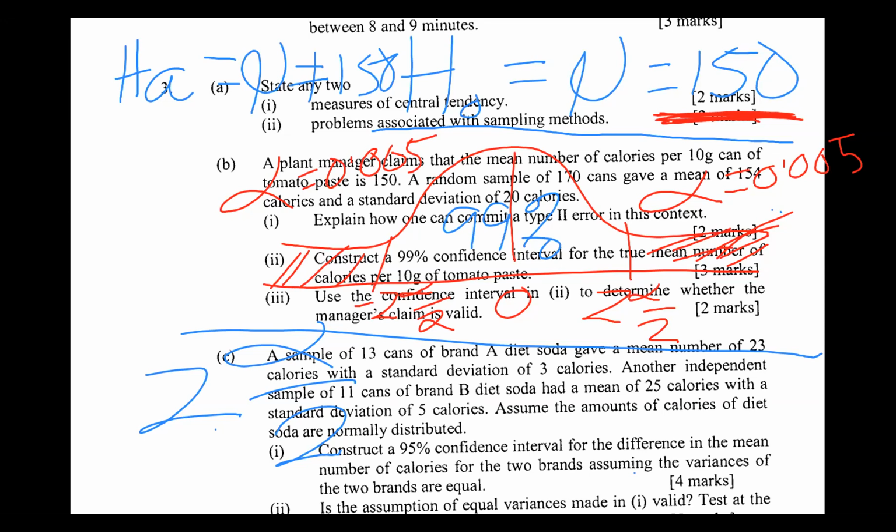Oh, okay, I get it. But if you find that they say that the mean, for example, a plant manager claims that the mean number of calories per 10 kg of tomato paste is more than 150. Have you gotten the way I've restructured the question? It's more than 150. So that simply means now it is not equal to 150.